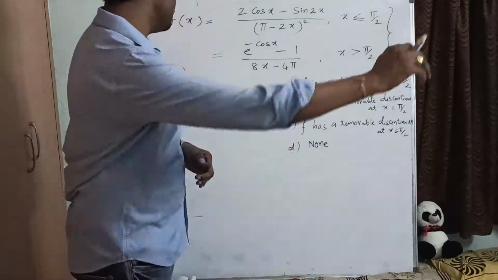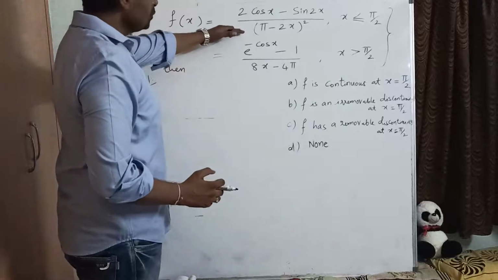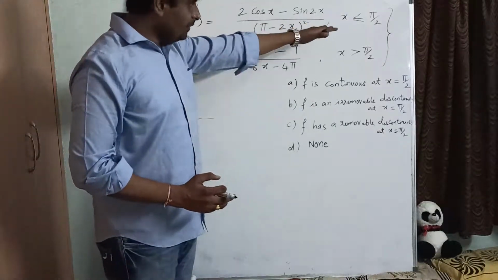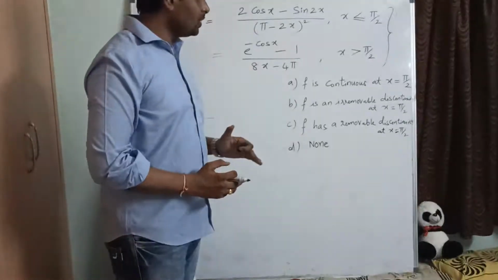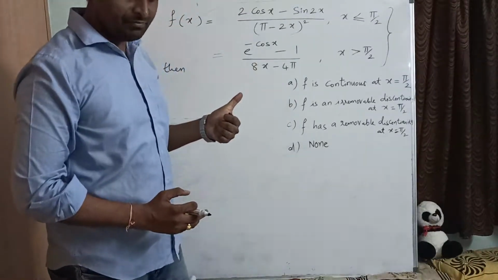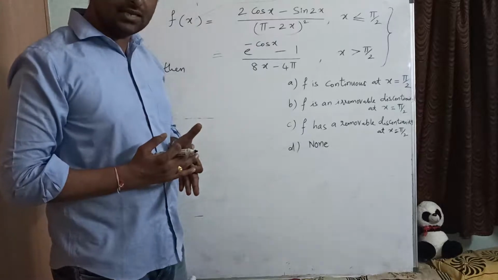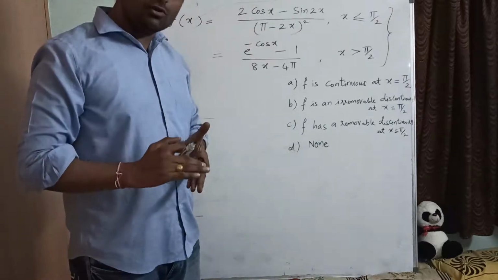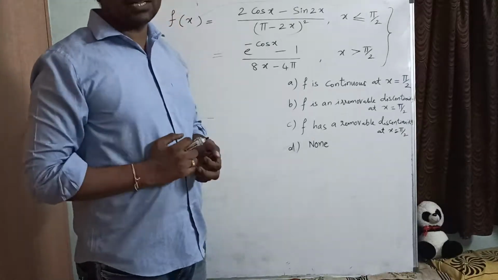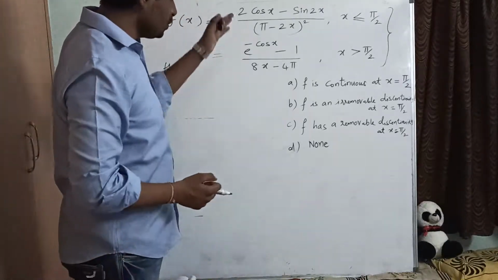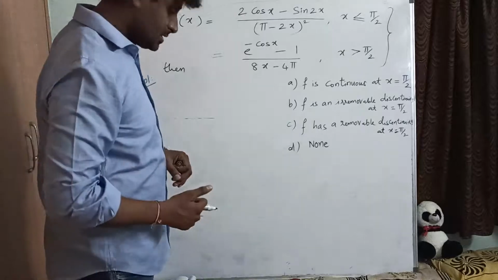So first of all, let us see how to find LHL, where we are going to check whether the given function is continuous at x equal to pi by 2. Generally while finding LHL we use x equal to pi by 2 minus h, and finally h tends to 0. So now let us go forward to find LHL first.